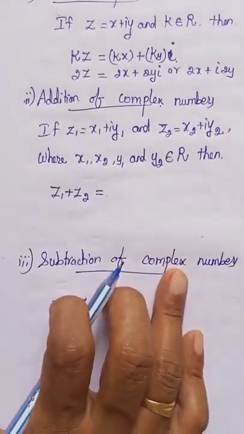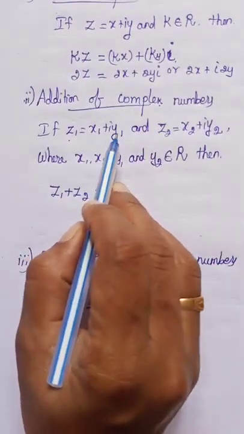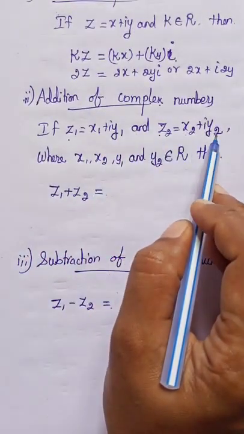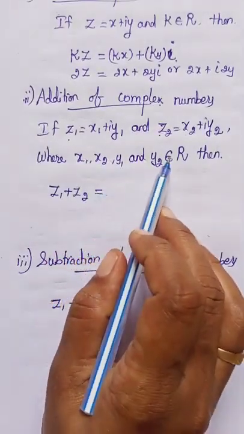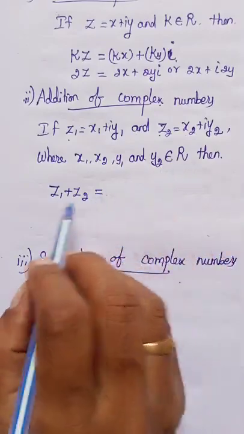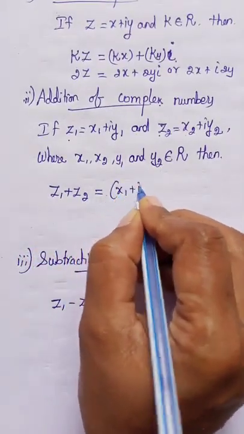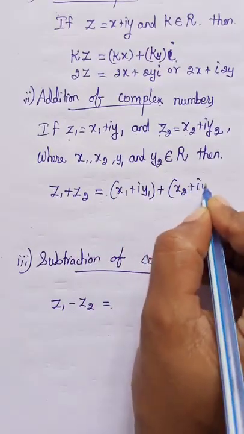Now the second one is addition of complex numbers. z1 is x1 plus iy1 and z2 is equal to x2 plus iy2, where all the coefficients x1, x2, y1 and y2 belong to the real numbers R. Then z1 plus z2 is equal to x1 plus iy1 plus x2 plus iy2.